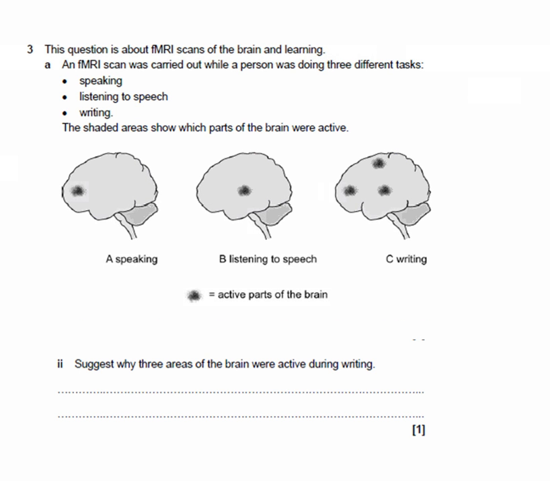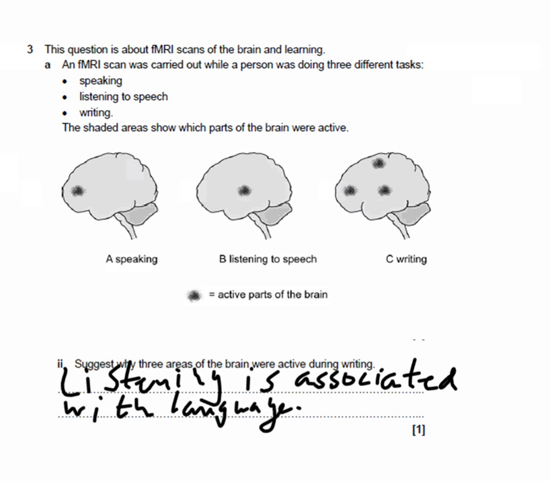The next question is we need to suggest why 3 areas of the brain were active during writing. What we needed to say was that listening is associated with language. We also needed to mention that speech is associated with language as well.